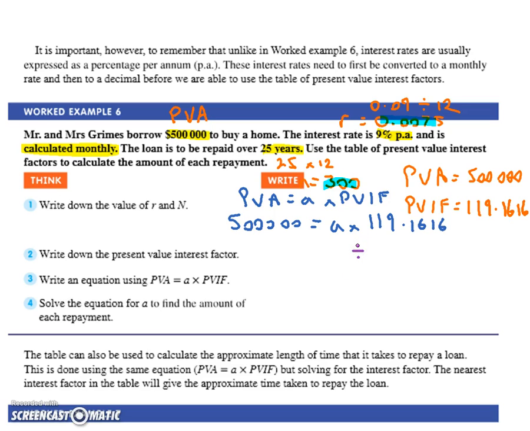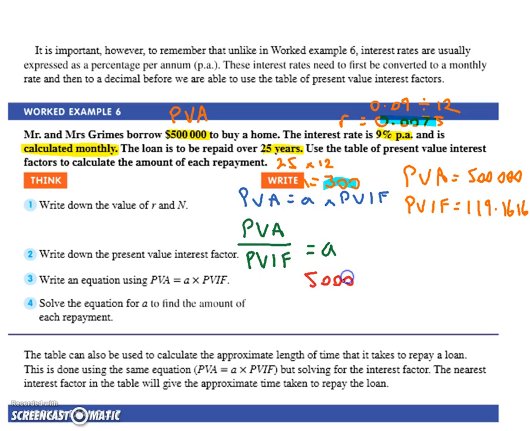Since I'm trying to find A, I can rewrite this formula as PVA divided by PVIF equals A. All I've done is divide both sides by PVIF. Hope you get that. Then we can just write it down and solve it straight away.